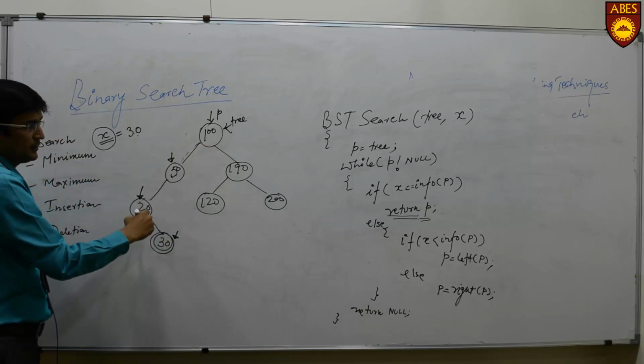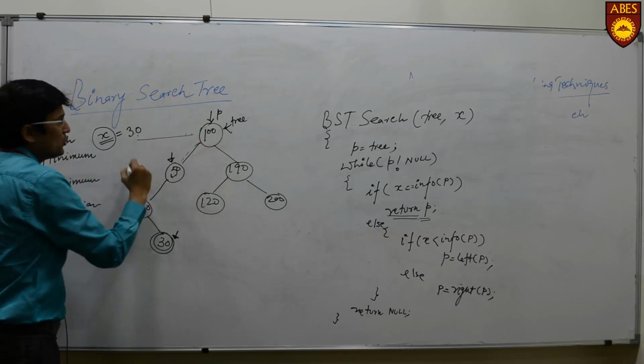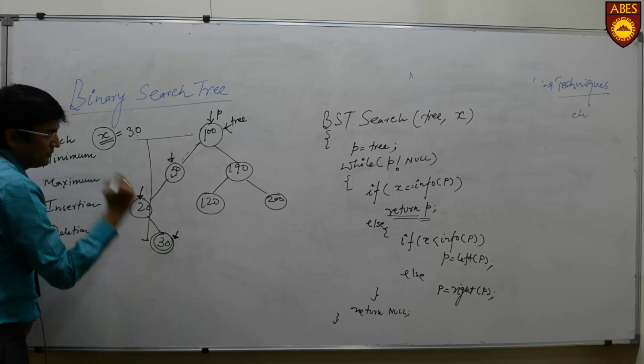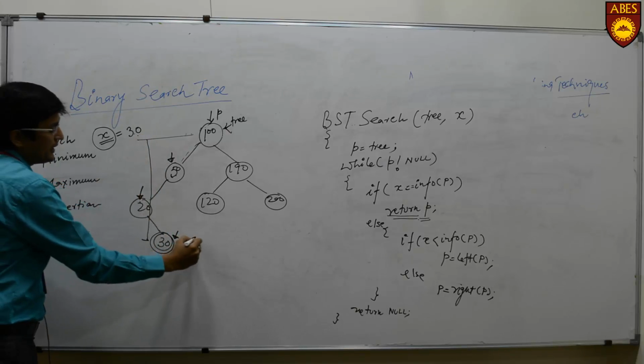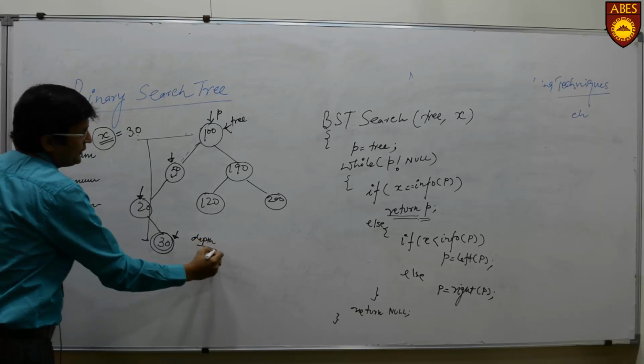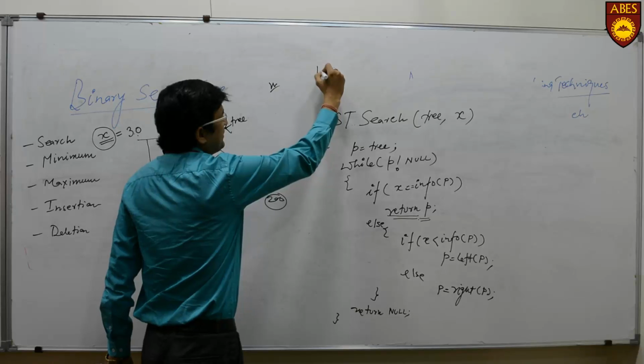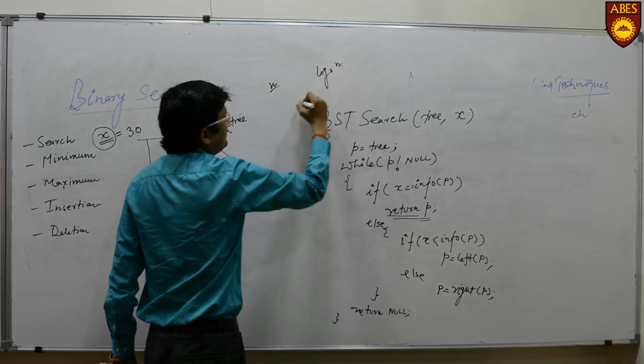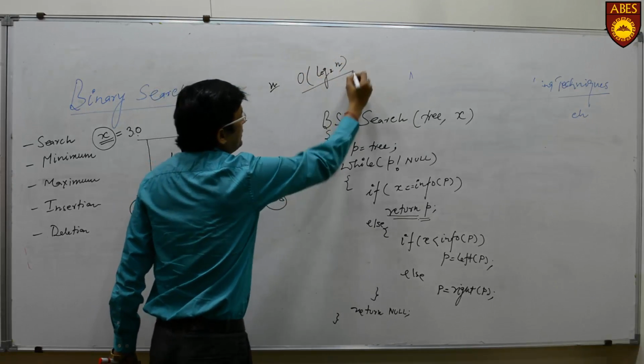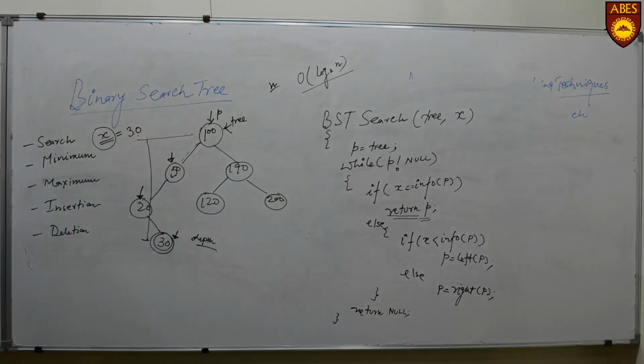So we can go from the root node to any of the leaf nodes, that means from the root node to the depth of the tree. If we have n elements in the tree, then the maximum depth of the tree is expected to be log n. So the search operation will be carried out in order of log n time.